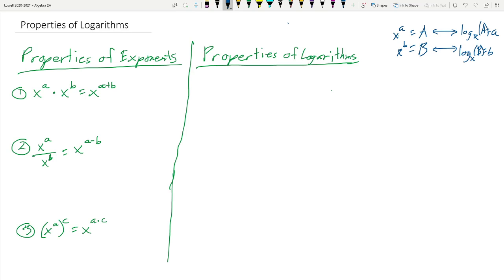Okay, so let's start off with our first property, where if we multiply two powers with the same base, the end result is to just keep the same base and add the exponents. So what I'm going to do is just perform a little bit of substitution here. So let's see. I'm going to substitute x to the a power with just big A here.